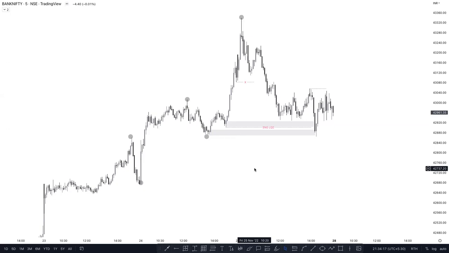Like recently, in the previous week, I think we did gold. And before that, we did Bitcoin, Aussie USD, Euro USD, GBP USD. Almost every pair is already done.